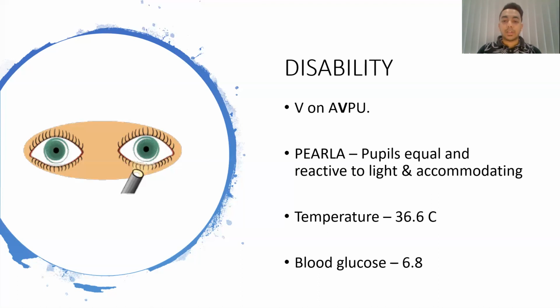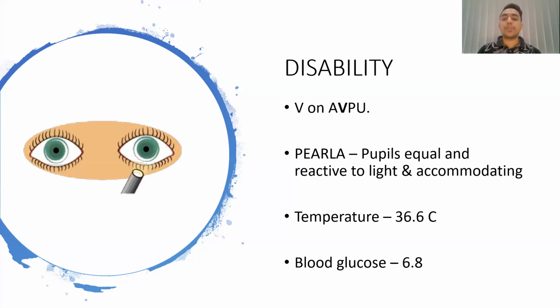So that's how you check the pupils, and you can then note down pupils equal and reactive to light and accommodating. Avoid writing mnemonics, because that would just create confusion for people who are not aware of what these mnemonics are.